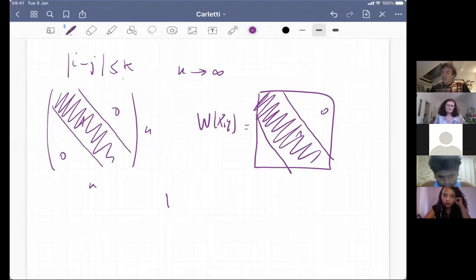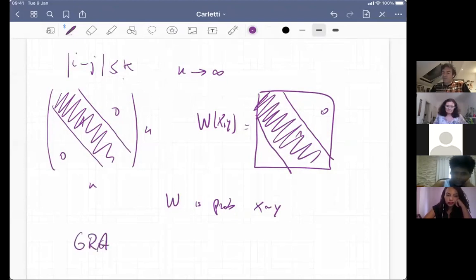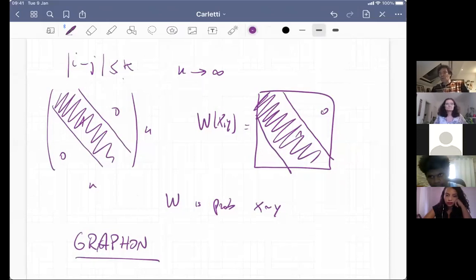W is the probability that node x and node y are connected. But now nodes are continuous, so a node doesn't really exist. Using this W, you can use the graphon idea I told you about at the beginning, where you have so many nodes that you can treat them as a continuum of nodes.